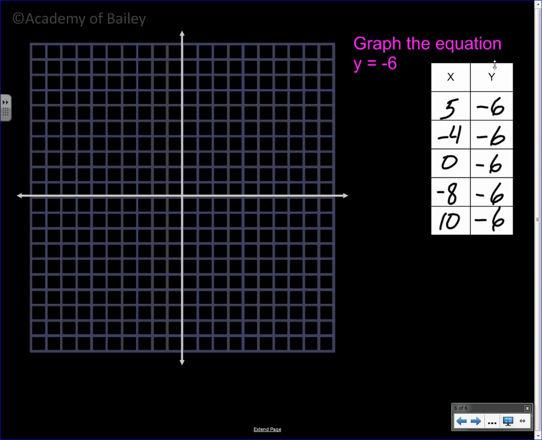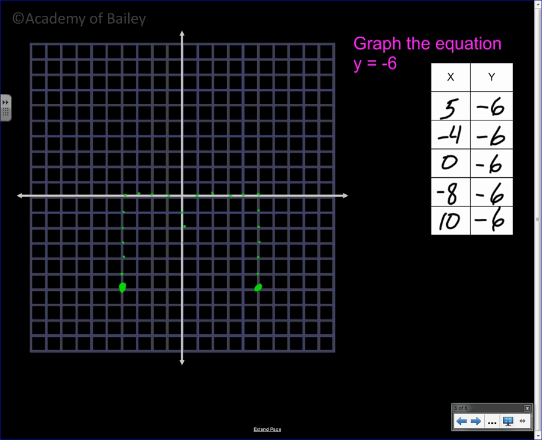The first point is 5, -6. To the right 5 and down 6. Second point is -4, -6. Left 4 and down 6. Third point is 0, -6.